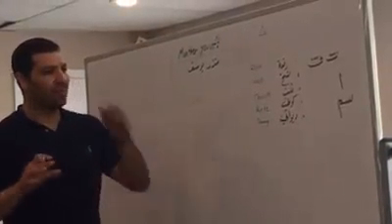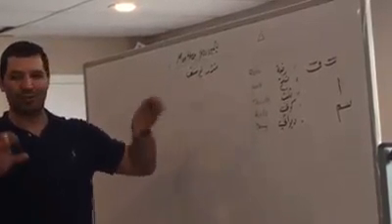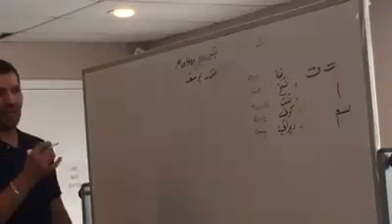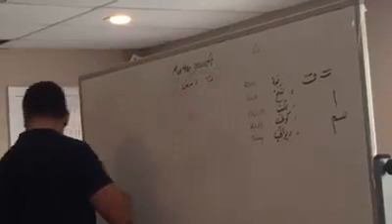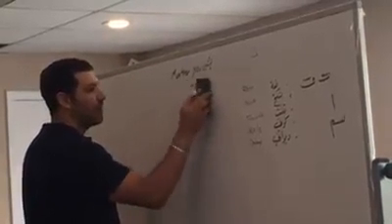So what I'm going to do briefly, quickly, is write one word in each font, to give you an idea. So for example, let's do Bismillah in Ruqa. In Ruqa, we'll see that the two letters will be separated.